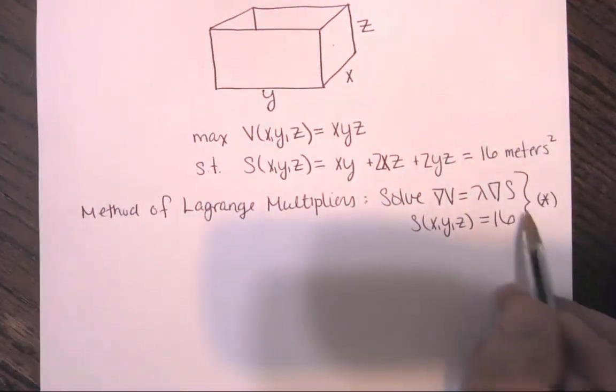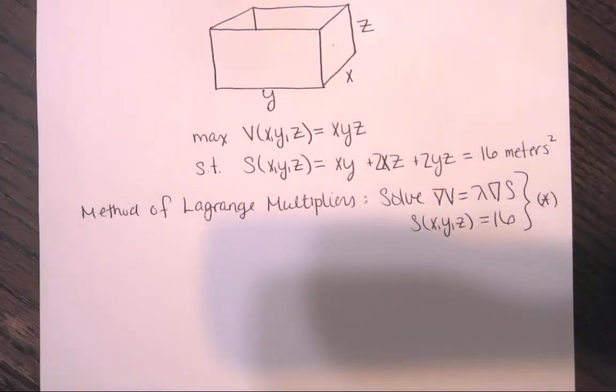So these would be my set of equations that would guarantee first order conditions. Right? It's what would be satisfied if I had an extrema. Okay, so let's solve this set of equations.